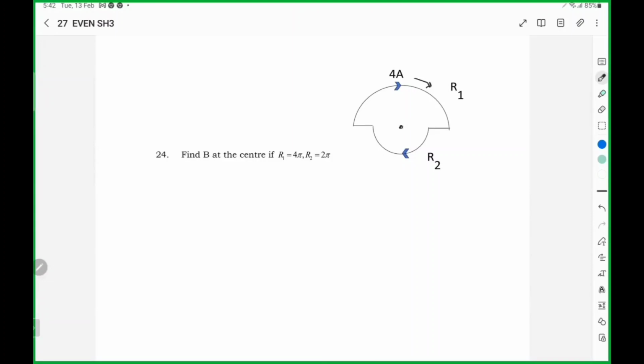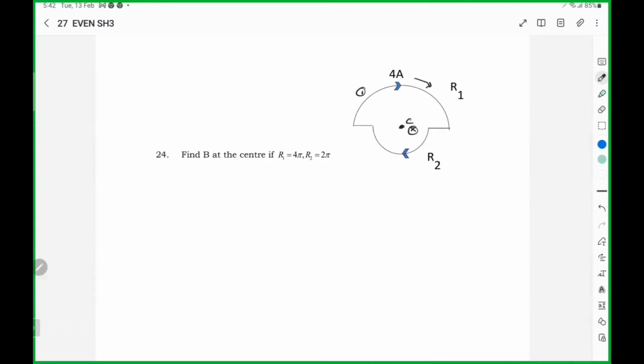So what is the direction of magnetic field at the center due to the flow of current, 4 amperes in the first wire? By right hand thumb rule, put thumb along the direction of the current and curl the fingers. At C, magnetic field will be inwards.